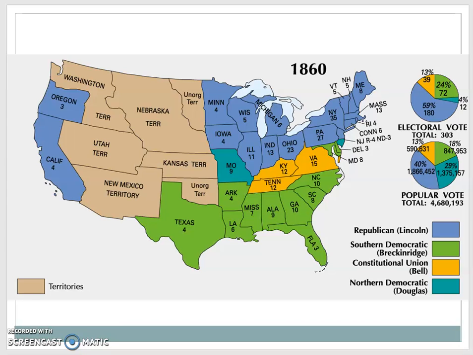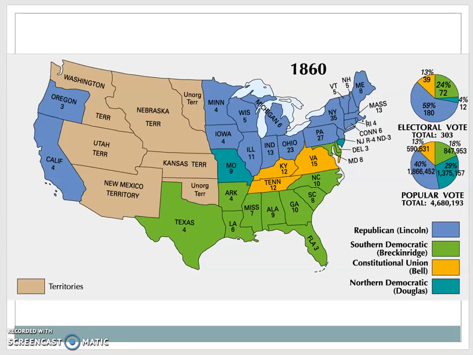It happened in 1992 when Bill Clinton won the presidency the first time. When Clinton won the presidency the first time in 1992, he only got 40% of the popular vote. Only 40% of the people voted for Clinton, 60% voted against him.